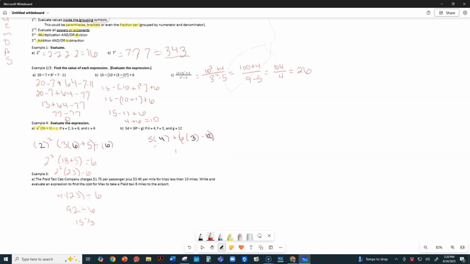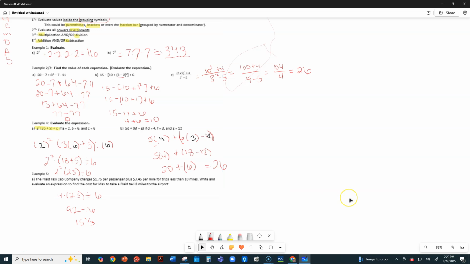So 6 times 3 is 18. 18 minus 12 will be the part that I do next. 18 minus 12 is going to be, what is that? Take away 12. Is that 6, I believe? And then over here, I can multiply and do 20. So that's going to go together and give me 26.